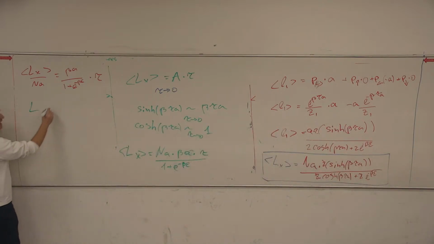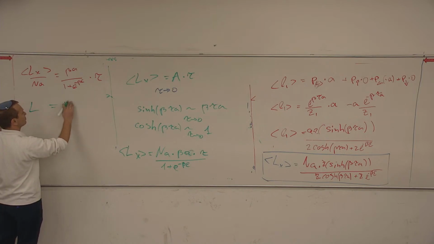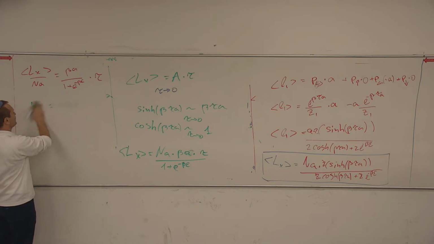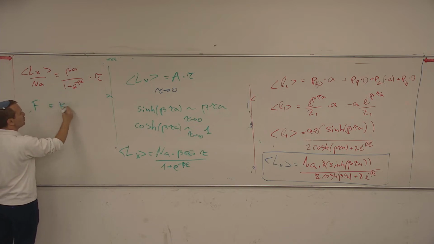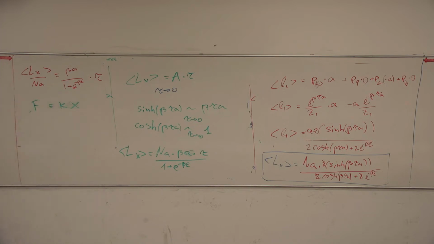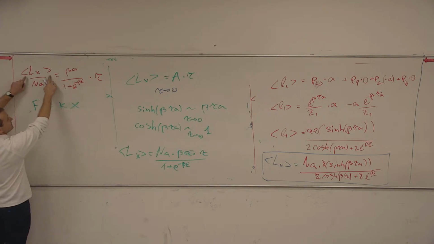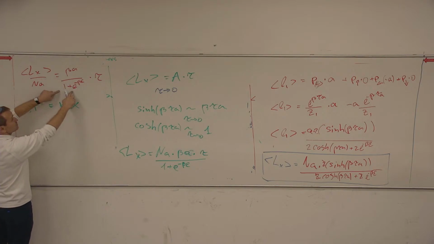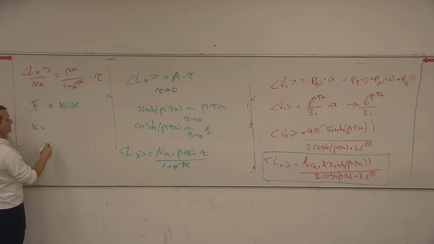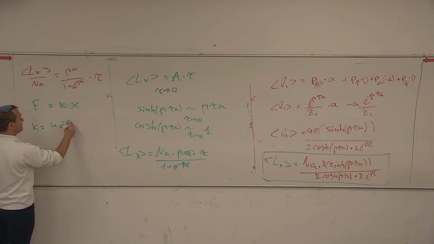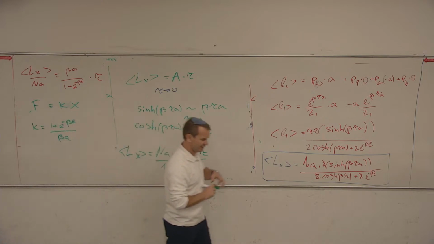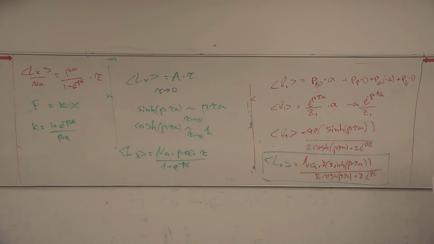My equation is force equals Kx. F equals Kx. Force is tau, and x is this. So the spring constant K is 1 plus e to the minus beta epsilon, divided by beta A. Alright, this is the spring constant.